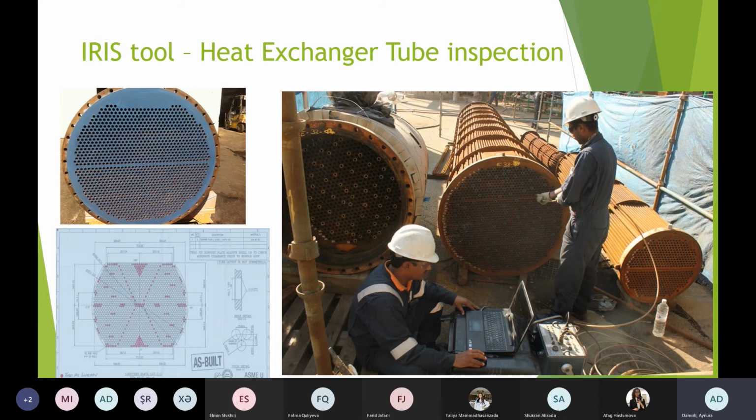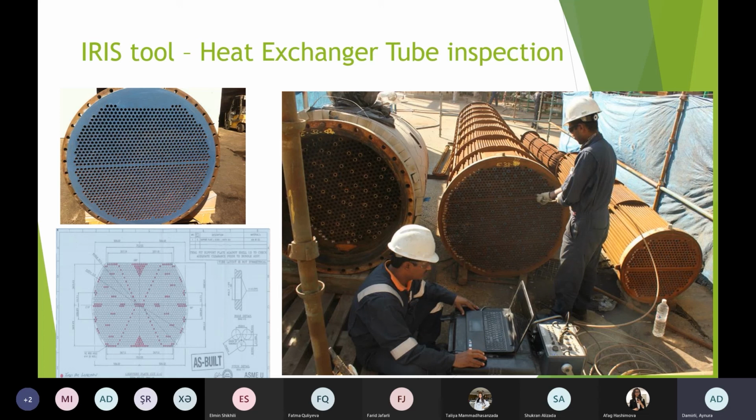Heat exchangers. We have heat exchangers in our facilities, which are one of the main equipment we have outside. Imagine we have heat exchangers, and in most cases there are two different types.